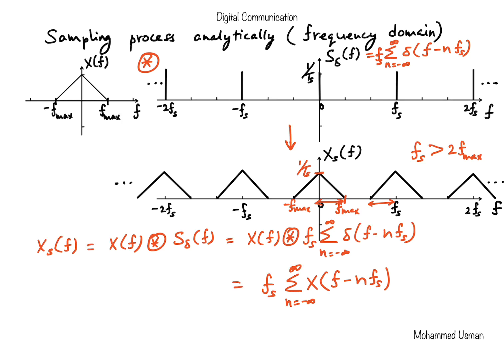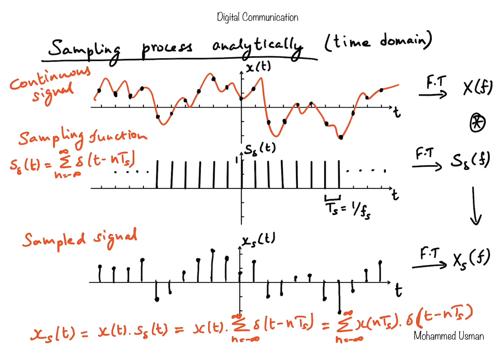So the process of reconstruction of the original signal from the sample signal can be achieved by a simple low-pass filter. Of course, it would be scaled by a certain factor, and we can always amplify it and get it back to the original level. But it is very intuitive to see from this diagram that the reconstruction process can be done using a low-pass filter.